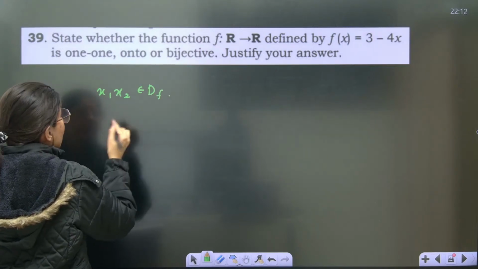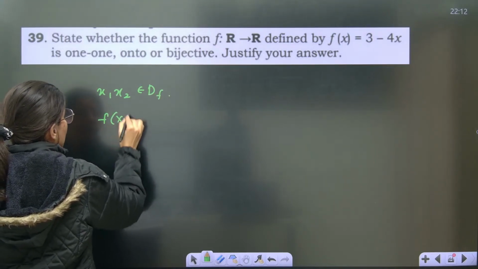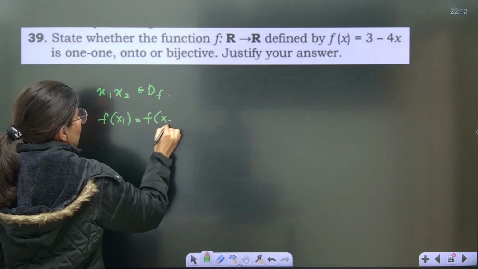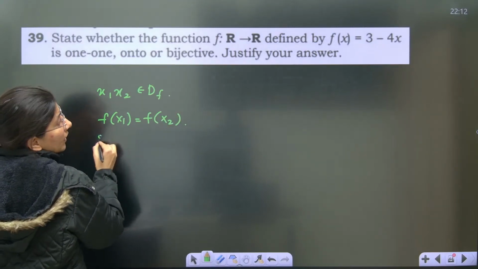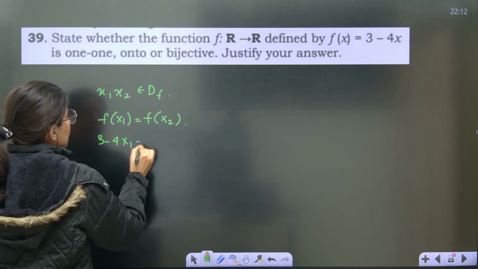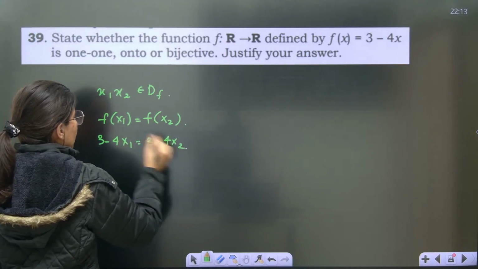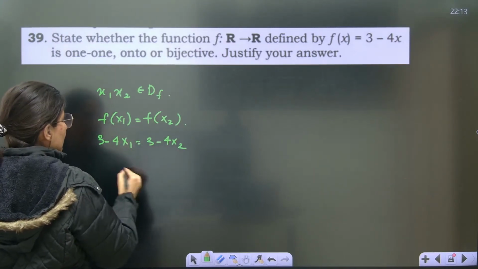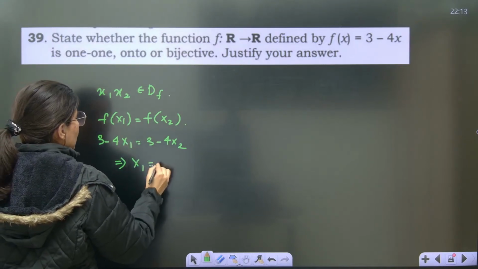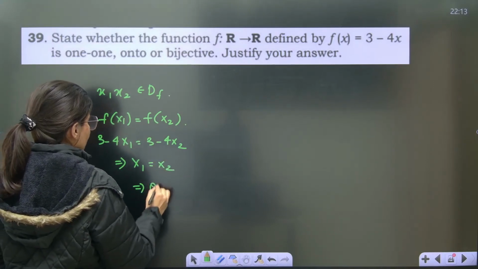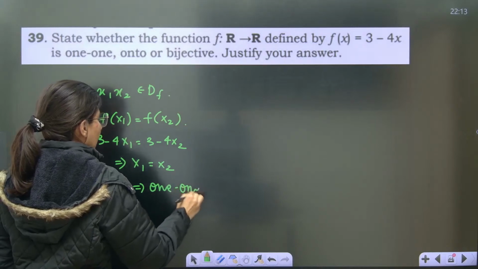To prove one-one, we take f of x1 equal to f of x2. So 3 minus 4x1 is equal to 3 minus 4x2. 3 and 3 cancel, minus minus cancel, 4 4 cancel. Clearly x1 and x2 are equal. This implies the function is one-one.